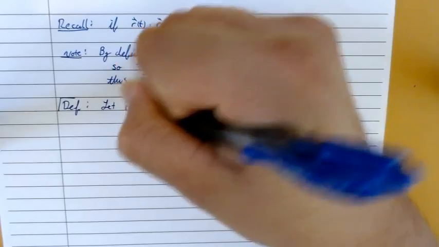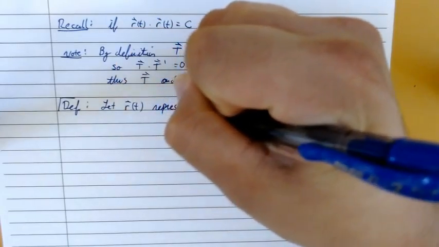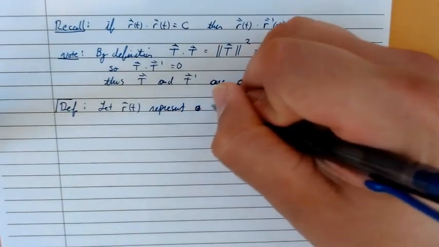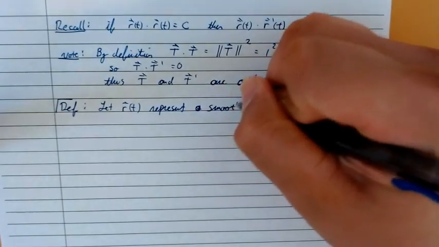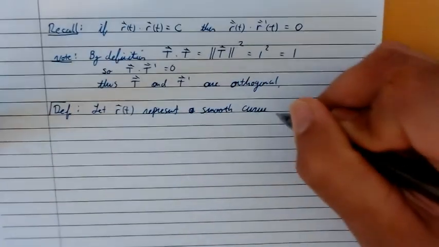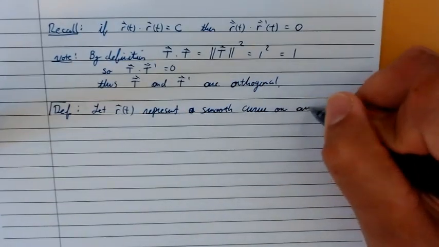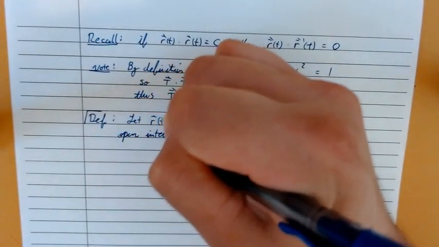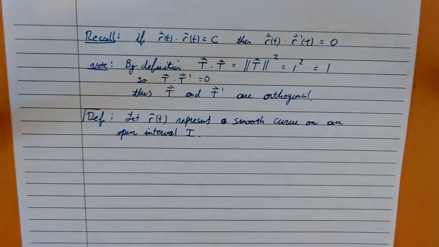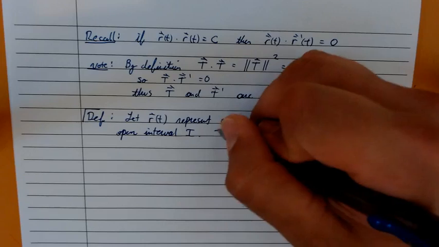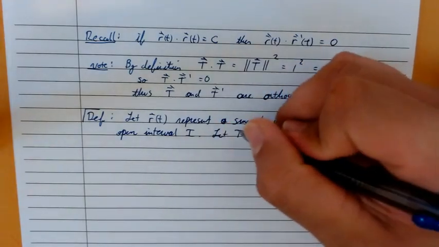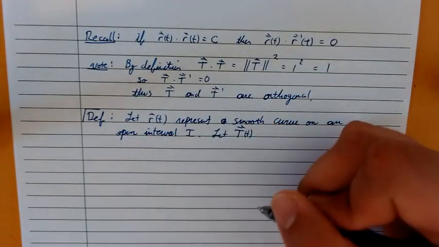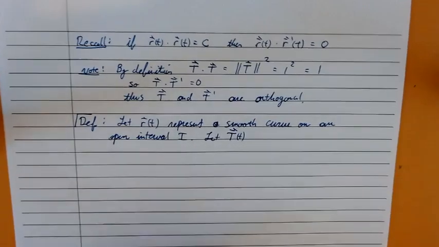Let r of t represent a smooth curve on an open interval, which we'll call I. Let the vector-valued function T of t represent the unit tangent vector as defined in the previous definition.